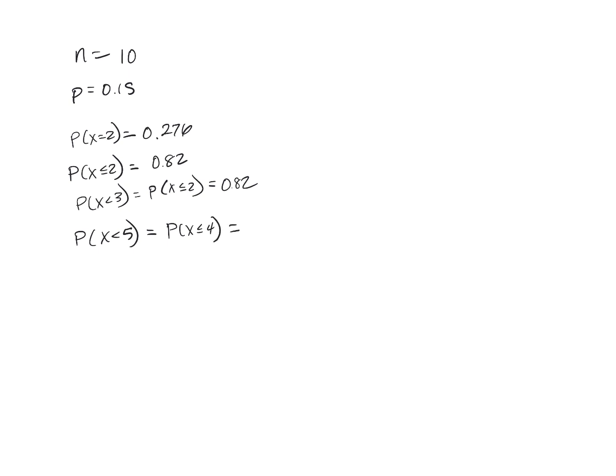And then, since it's less than or equal to, you would choose binomial CDF, and just my x value would be 4 instead of my x value being 5. It's probably pretty high, I would think. 0.99. Okay, so literally 0.990.